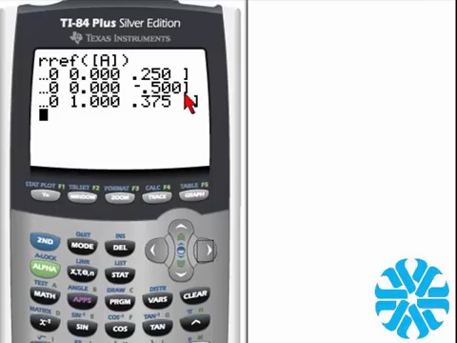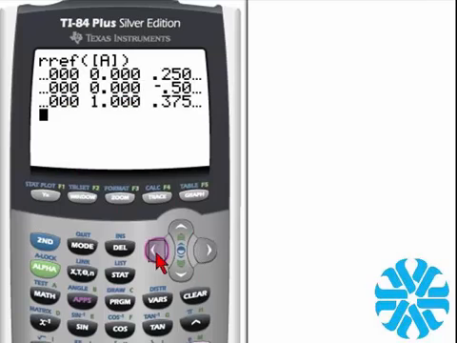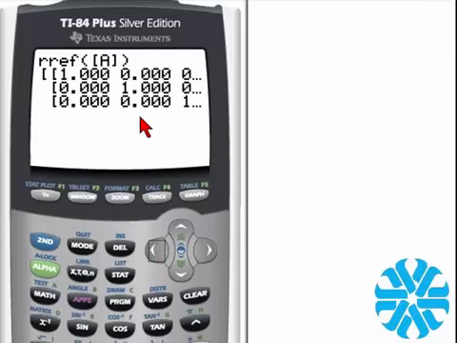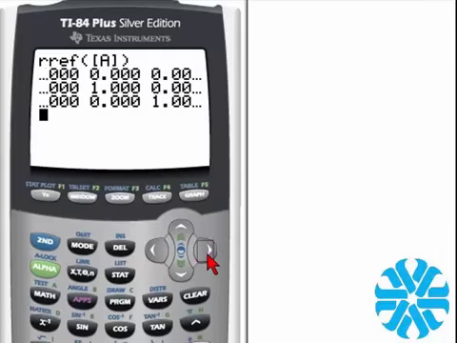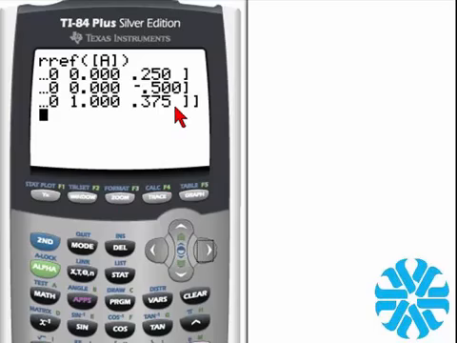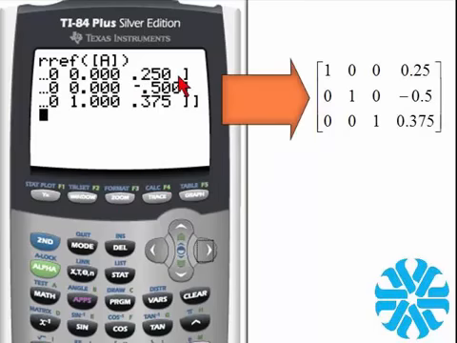So that means y is equal to negative 0.5, and finally we have the third row, where x is 0, y is 0, and we have 1z right here, and that's equal to 0.375. So x will be equal to 0.25, y will be equal to negative 0.5, and z will equal 0.375. Now, these are written in decimal form.